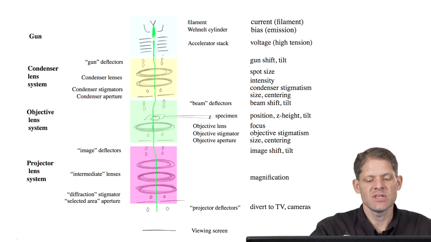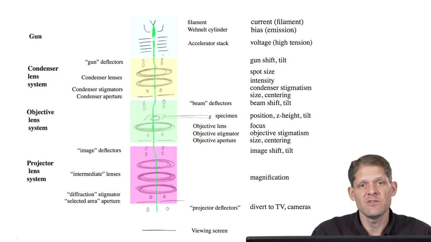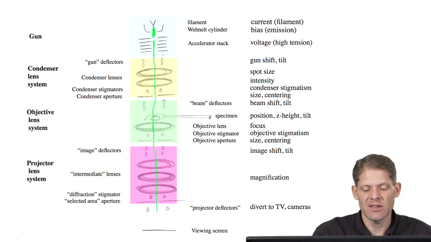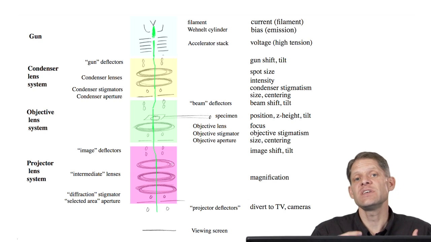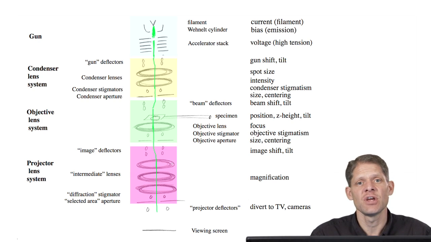And when that changes, then you may need different gun deflector settings. In addition, there can be slow changes in temperature in the room or perhaps in the cooling water. And if the temperature changes in any position in the microscope, then resistivities of wires change, electric fields and magnetic fields change, and it could need different alignment settings.